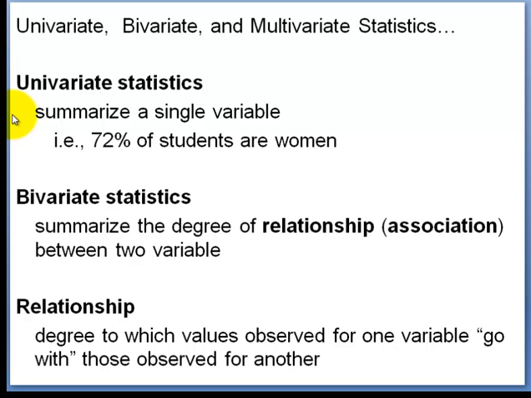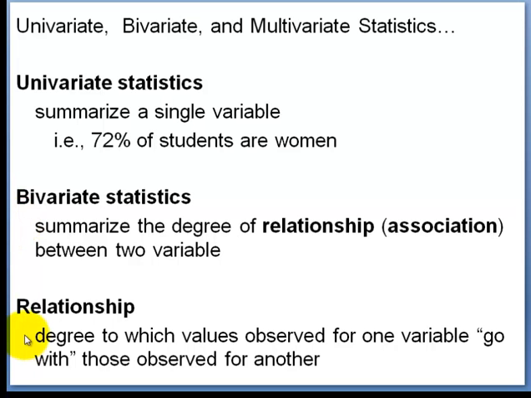Univariate statistics summarize a single variable. So if we say 72% of students are women, we're only talking about one variable, that being, in essence, gender, female versus male. Bivariate statistics summarize the relationship between two variables.